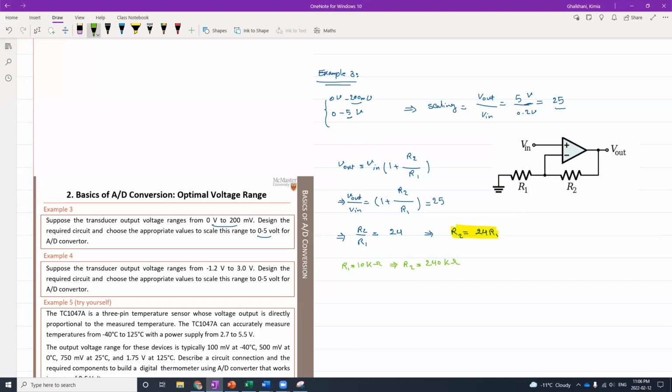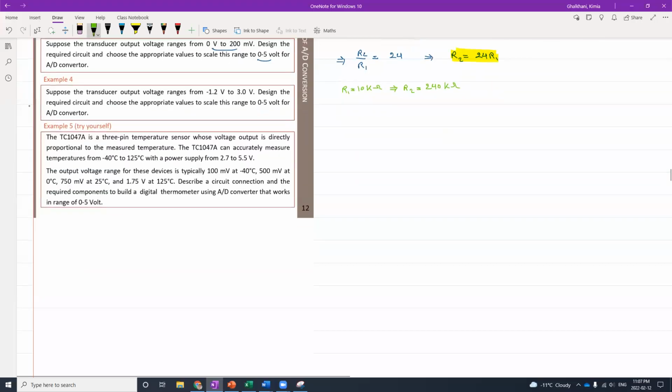Now there is another example that wants you to design the required circuit. Look here. You have example 4, and you are asked to suppose the transducer output voltage ranges from -1.2 volt to 3 volts.